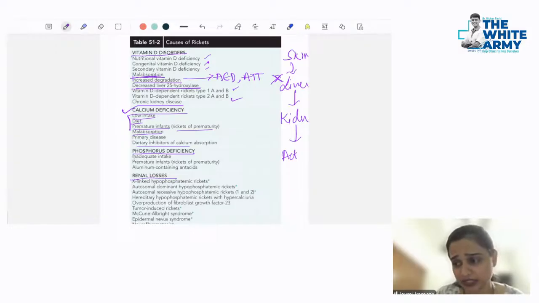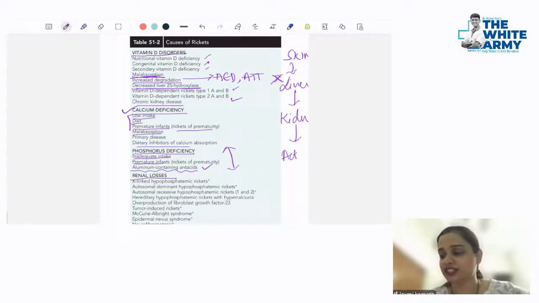So inadequate intake resulting in phosphorus deficiency is extremely rare unless it is a child dealing with anorexia nervosa or a starvation child. The other possibilities are premature infants and, most commonly in adolescents and adults, excessive usage of aluminum-containing antacids. Okay. So these are the only three causes where you can have phosphorus deficiency due to intake.